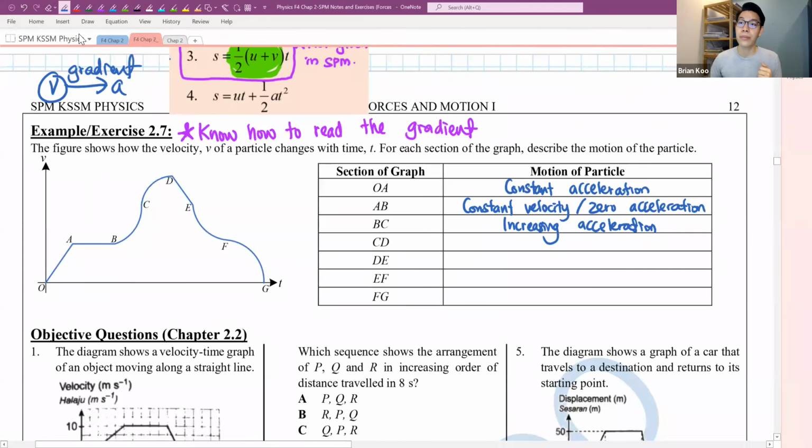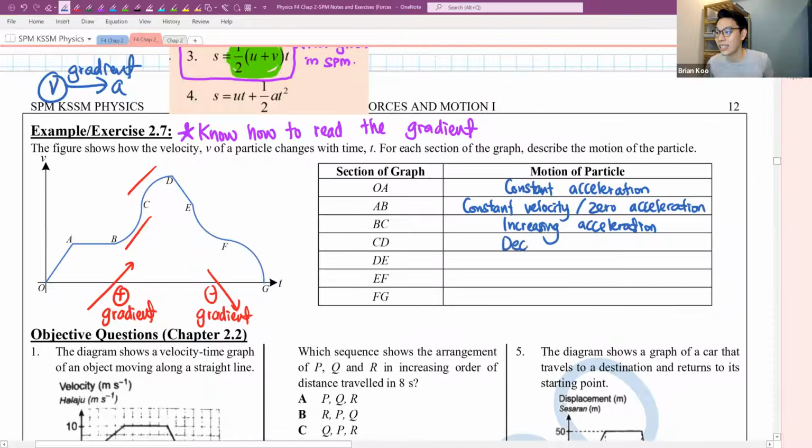Okay? Just remember, anything that slants like that is all positive gradient. Anything that slants this way is negative gradient. Okay, this one goes down, this one goes up. Therefore, this is called decreasing acceleration.